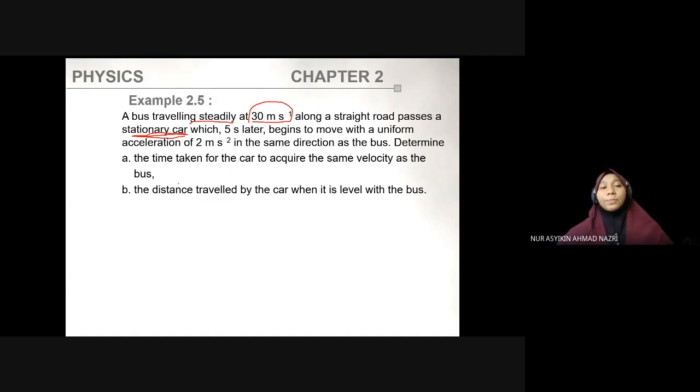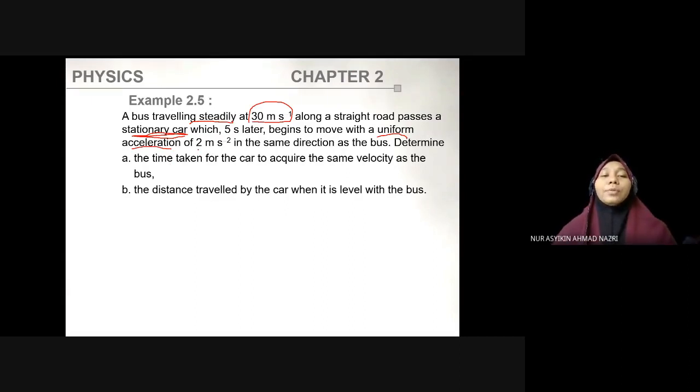So after the bus has passed beside it, 5 seconds later the car starts to move with a uniform acceleration. Uniform acceleration is a hint that we can use the four expressions we derived just now.